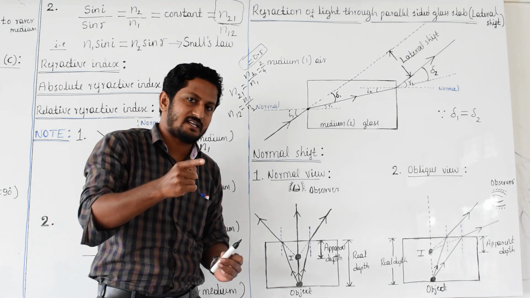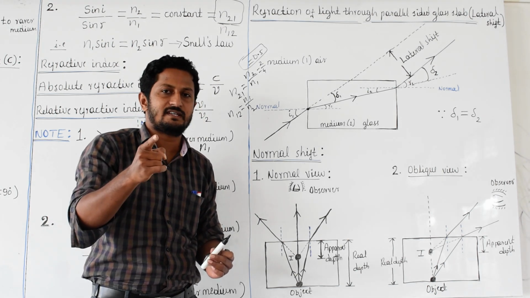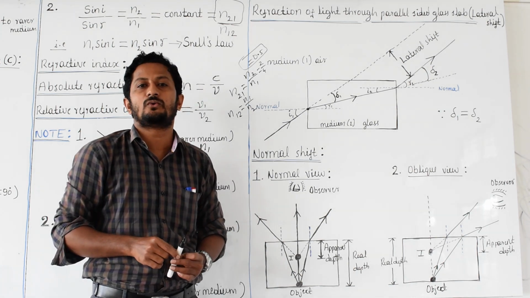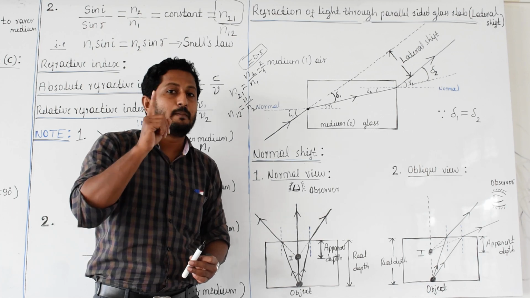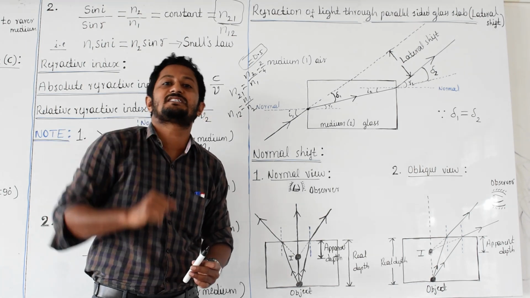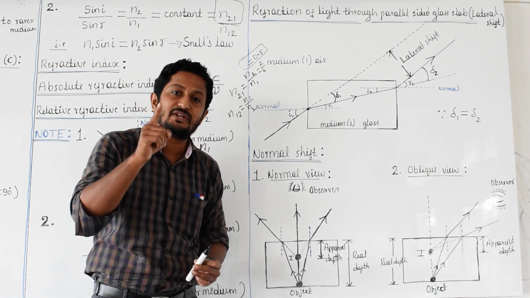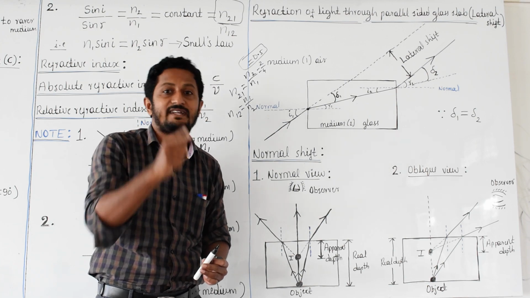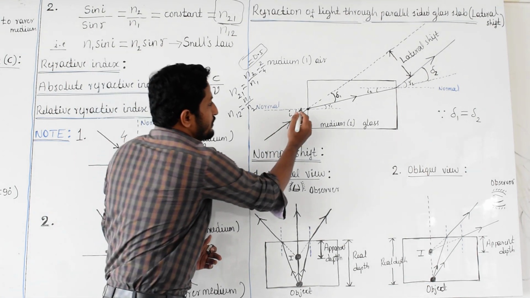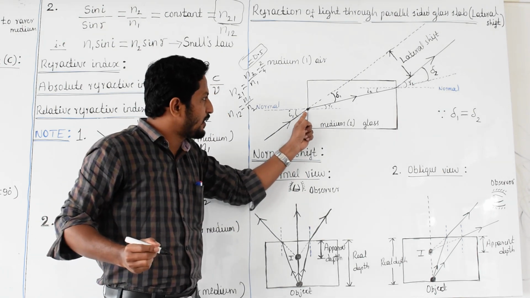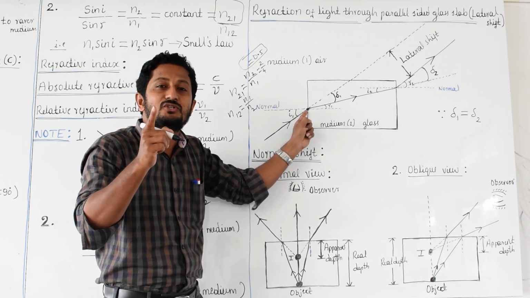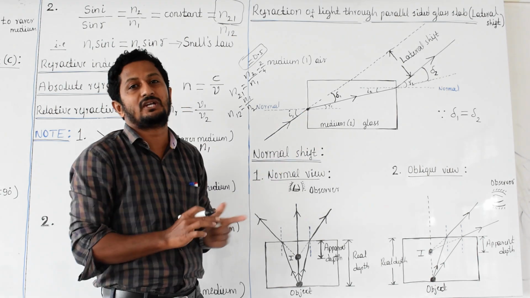When light strikes that surface, immediately what do you have to do? Immediately you must draw one perpendicular line to that surface, perpendicular to that point of incidence. So now you see here, this is your point of incidence. To this point of incidence, we should draw a perpendicular line.